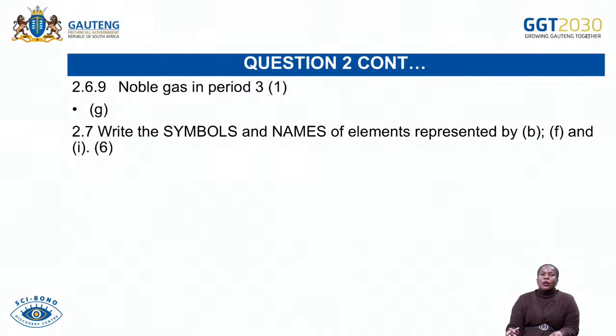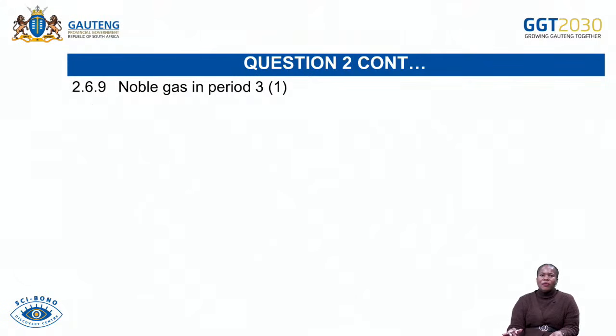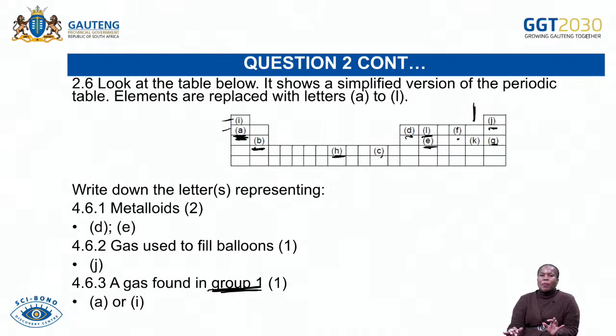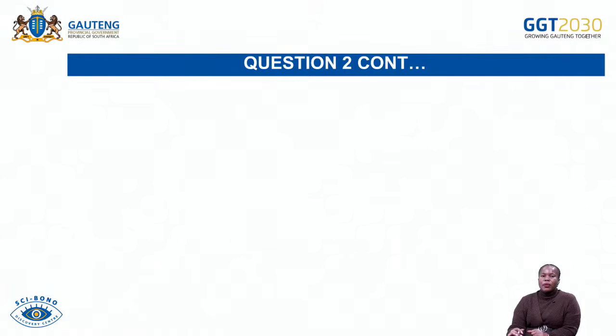Write the symbols and the names of elements represented by B, F, and I. Let me just go back a little bit. So before we even get B, F, and I, where is then our B? Here's our B. Here is our F. And here is our I. So they want the symbol, they want the name of these elements of the periodic table.